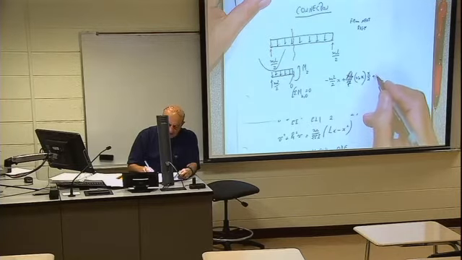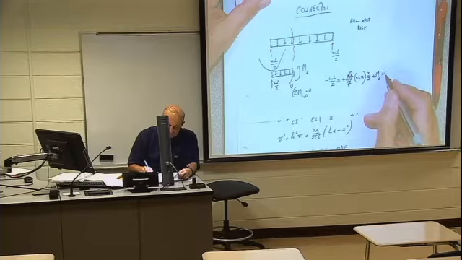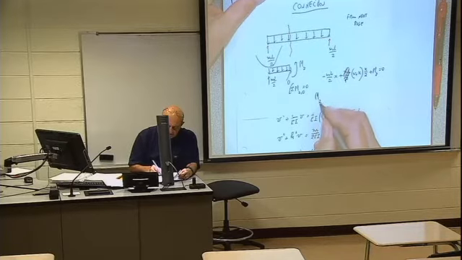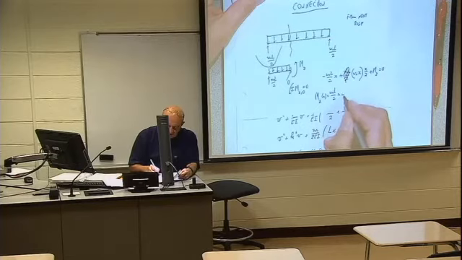And plus MZ. So then MZ equals W0L over 2 times X minus W0X squared over 2.